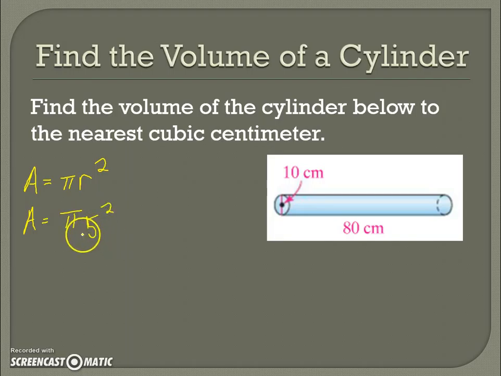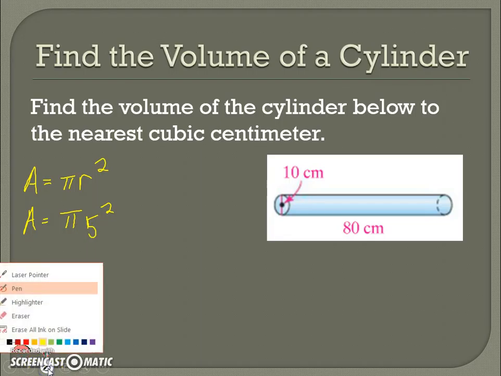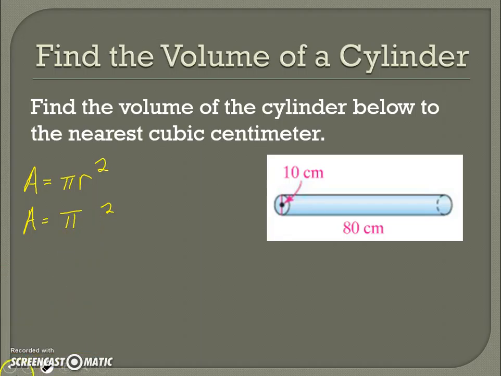Let me fix that. There we go. So this is going to be pi times 5 squared, which equals, I'm going to write this in terms of pi, which means I'm going to leave the pi here. So I have 5 squared is 25, and then I just write pi after it and treat that as if it's a variable. That's my area.